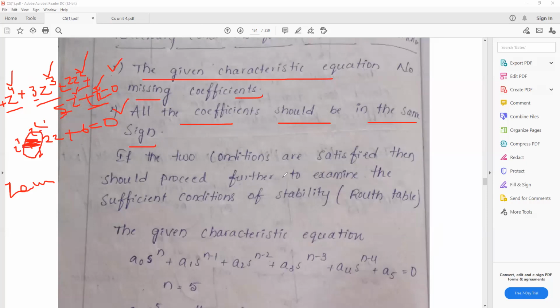If the two conditions are satisfied, then we should proceed further to examine the sufficient conditions of stability.